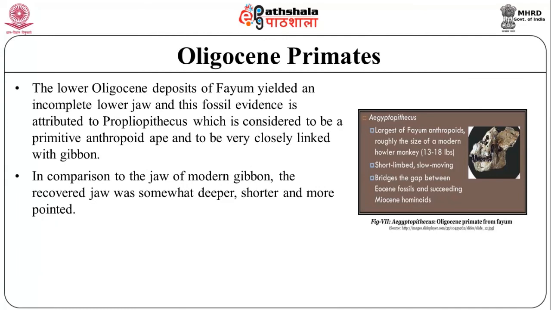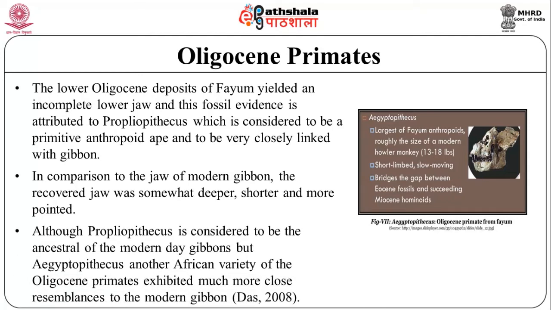In comparison to the jaw of modern gibbon, the recovered jaw was somewhat deeper, shorter, and more pointed, although Propliopithecus is considered to be the ancestor of the modern-day gibbons. But Aegyptopithecus, another African variety of the Oligocene primates, exhibited much closer resemblance to the modern gibbon, as given by Das in 2010.